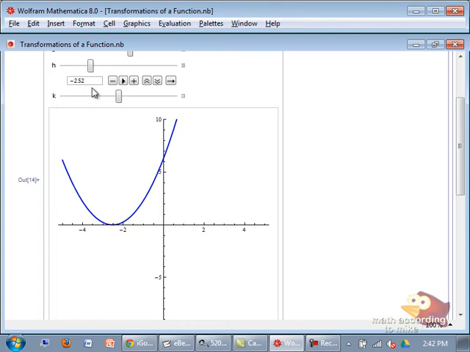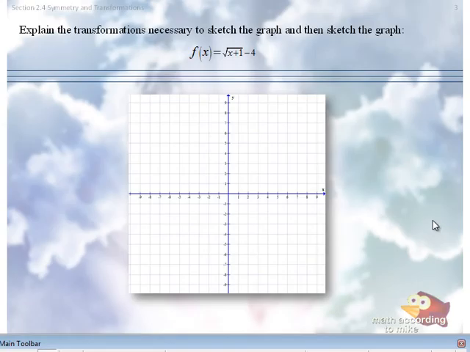So let's try an example. Awesome. Explain the transformation necessary to sketch the graph and then sketch the graph. F of x is the square root of x plus 1 and then minus 4. So if you would write, what shape are we transforming here? What does it look like?